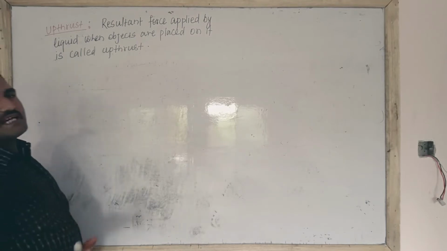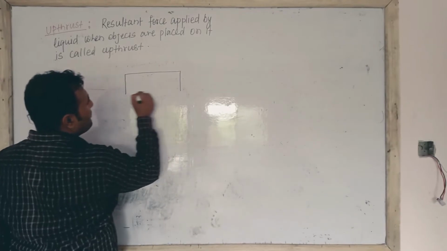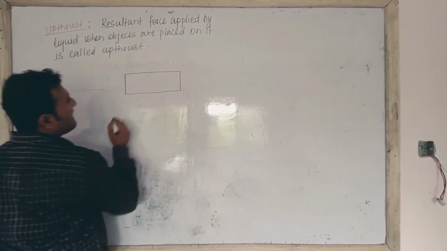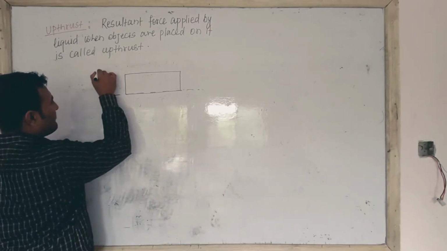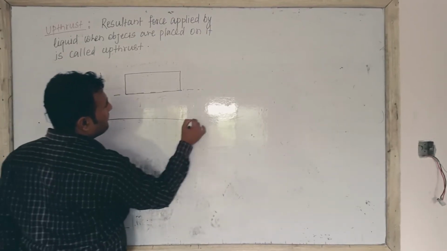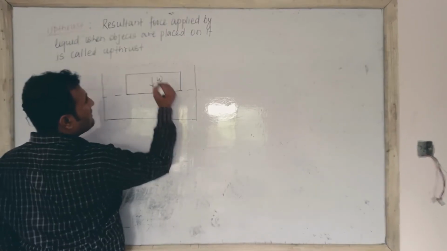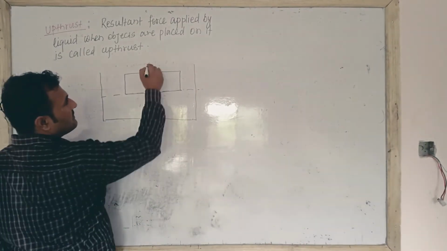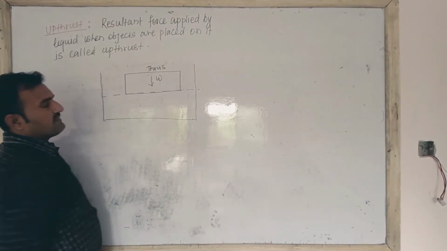When any object is kept on a liquid surface, suppose we consider that an object is placed on a liquid surface, then due to its weight, it applies force downward, which is known as thrust.